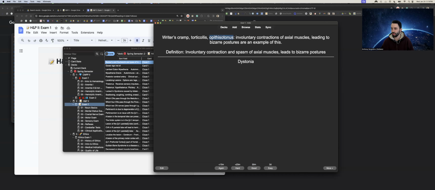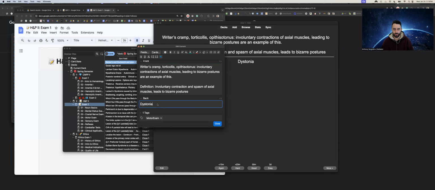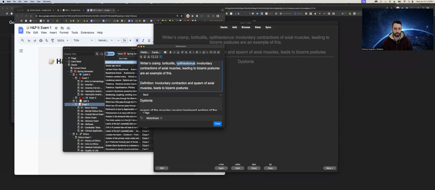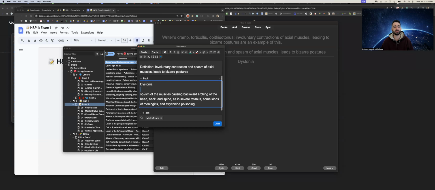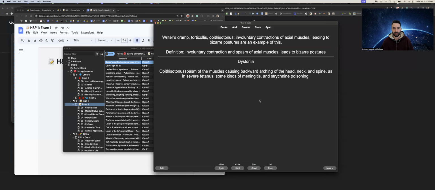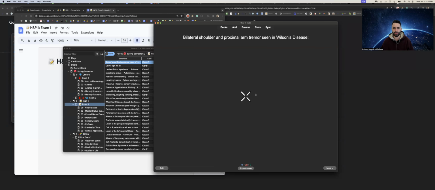What is opisthotonus again? Let's just throw that in there. So this opisthotonus spasm is that backward arching. I did say dystonia though, I think.